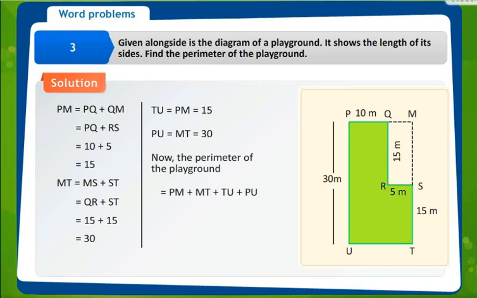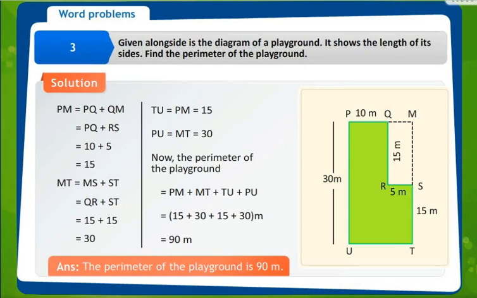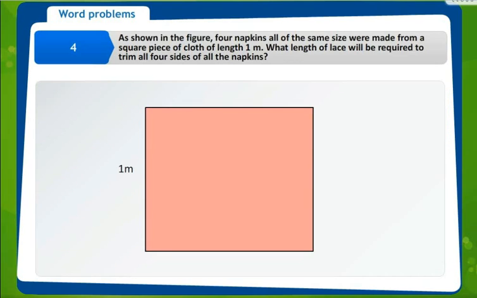Now the perimeter of the playground will be PM plus MT plus TU plus PU. Now as we have calculated, PM is 15, MT is 30, TU is 15 and PU is 30. Adding all the sides, the perimeter of the playground is 90 meter. Basically perimeter is the sum of all the sides.